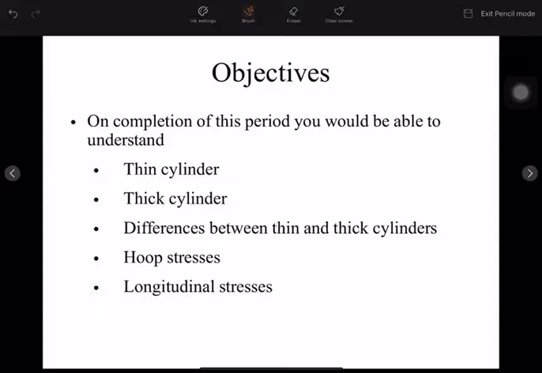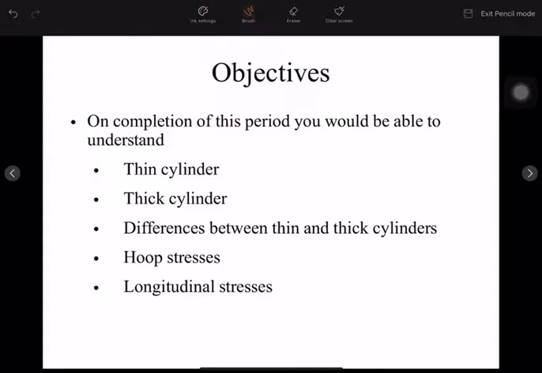So, if you go into the subject, after completion of this particular tutorial, we can achieve the following objectives.